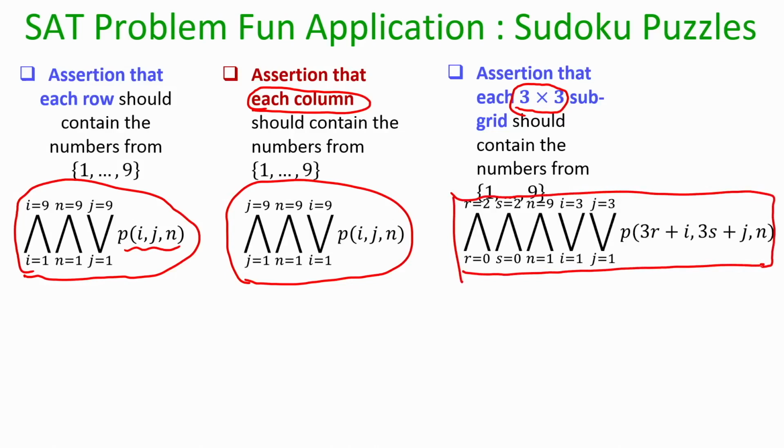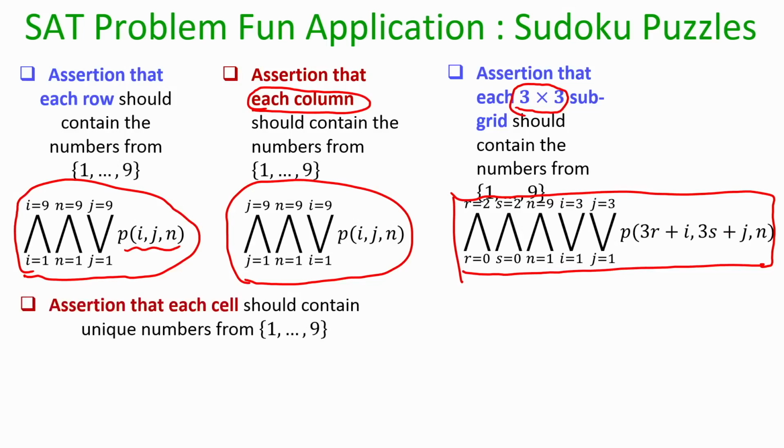It might look complicated, but again, if you do it slowly for each of the blocks, you try to derive the condition and then iterate it over all possible 9 blocks, you can verify that this compound proposition represents the assertion about the 3 cross 3 subgrid that your Sudoku puzzle should satisfy.